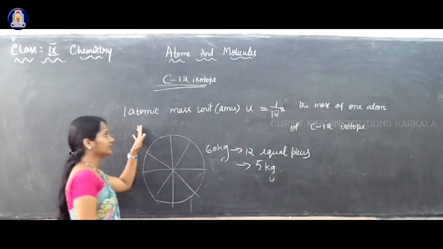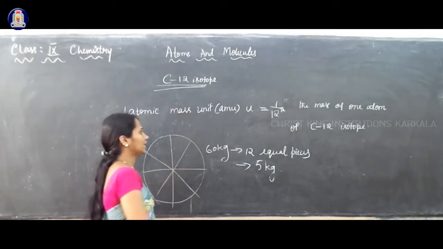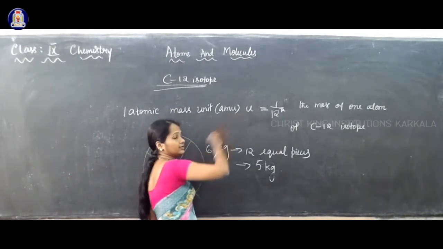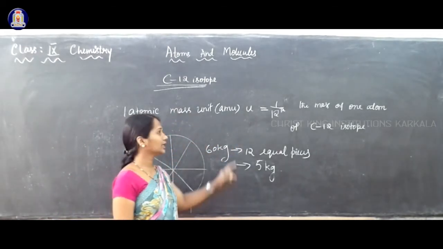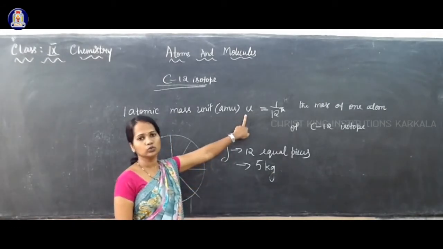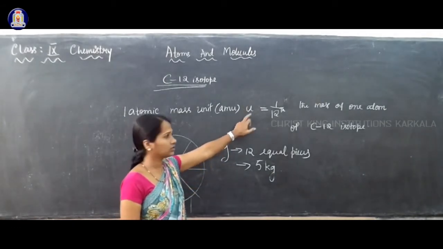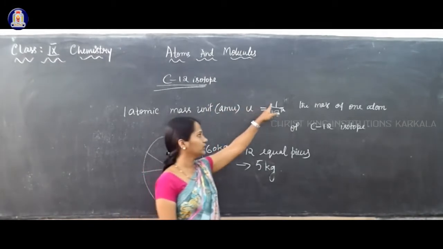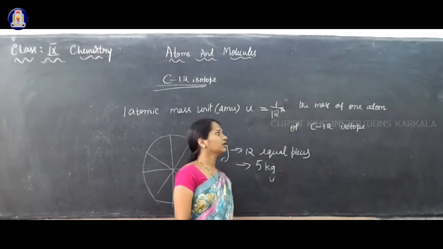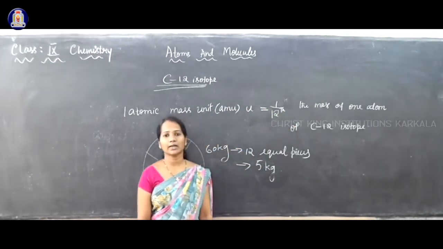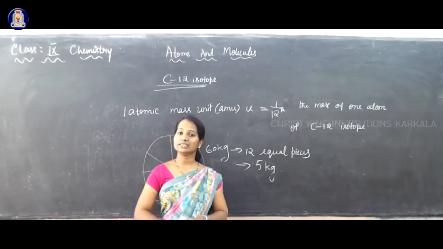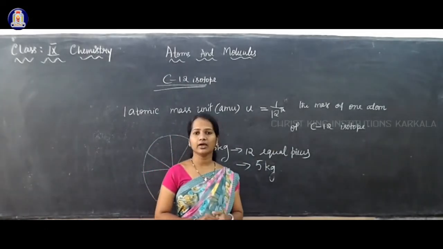It is called the atomic mass unit, which can be represented by the letter U, and is equal to 1 by 12 the mass of one atom of the carbon 12 isotope.